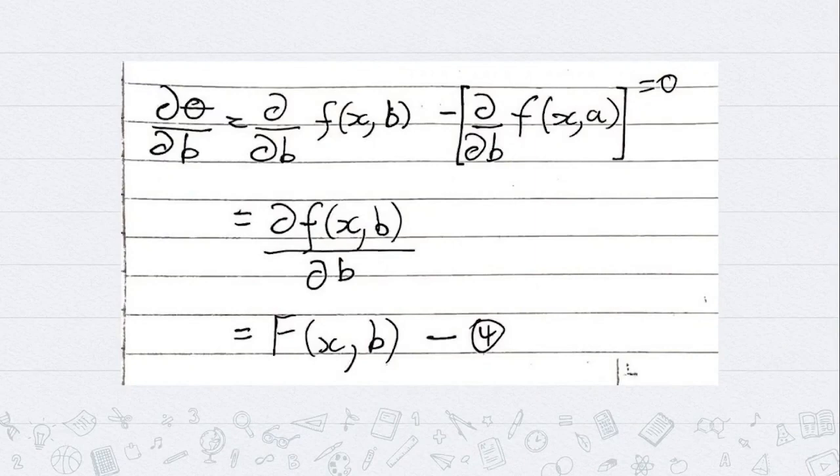For the derivative with respect to b, we'll have partial theta over partial b equals partial over partial b of F(x,b) minus 0 like last time. We ended up with the left side equaling partial F over partial b, which is f(x,b). This is equation 4.